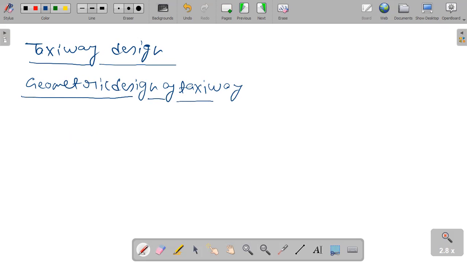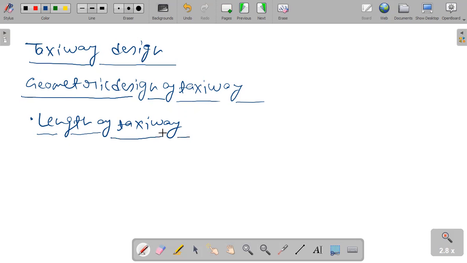Let's talk about length of taxiway. For the sake of fuel consumption, the length should be short.